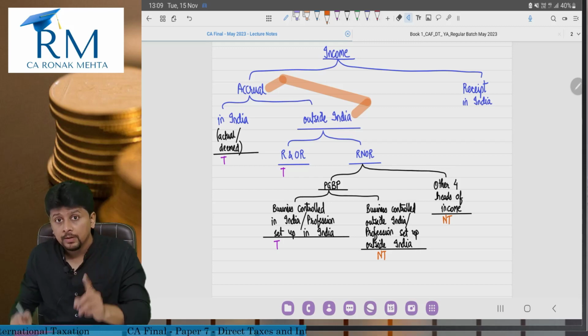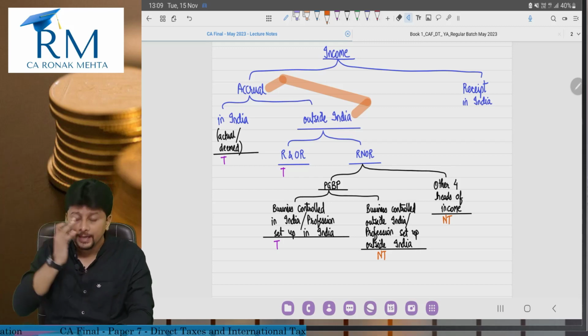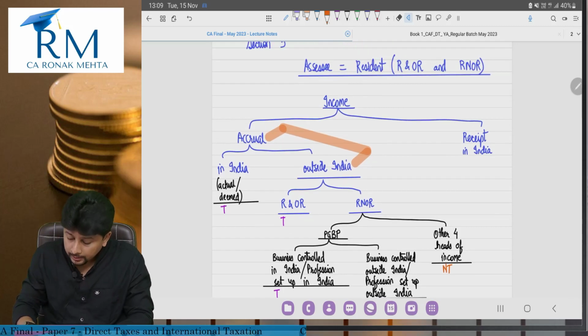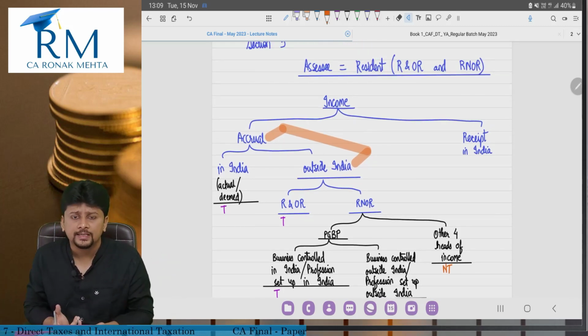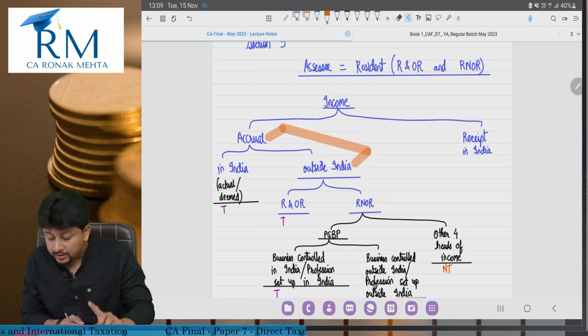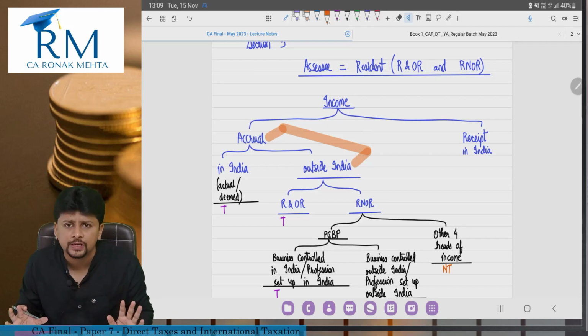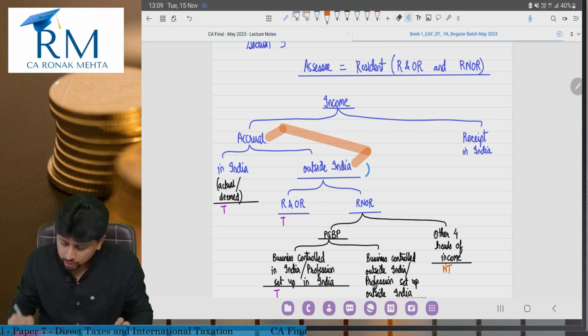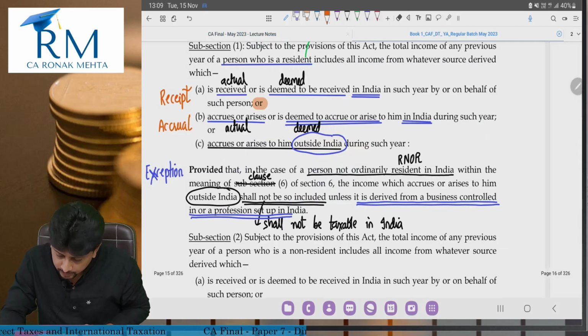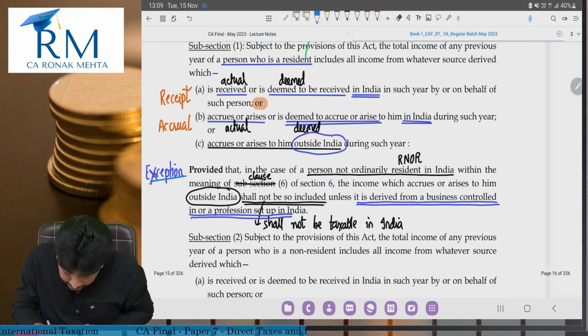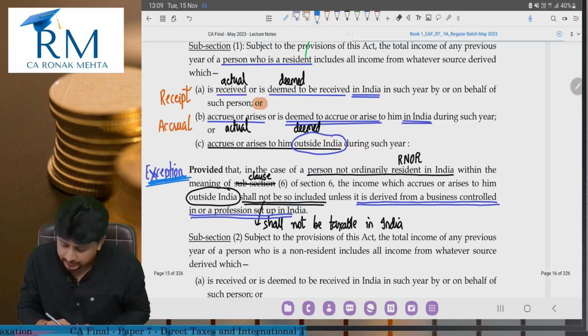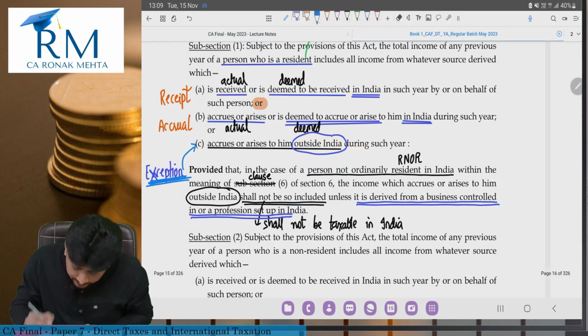If your income actually arises outside India, but because you are a resident, you have to pay tax. Now if you are a resident but not ordinarily resident, then this one small exception is created. And I'm sure you'll understand one more thing. You'll agree with me on this also. Beta, this exception, this proviso wala thing, that is only for point C, na?